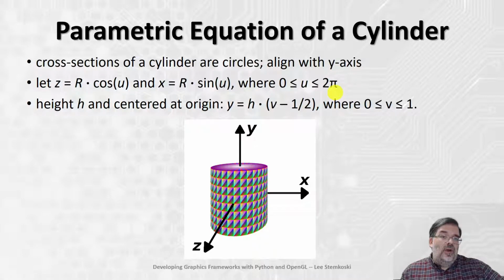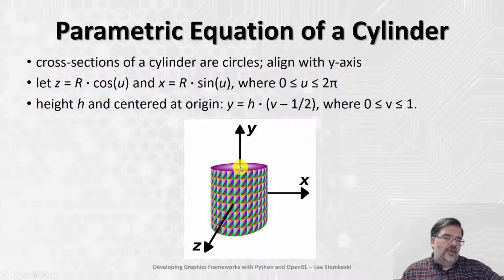Now, deriving the equations of a cylinder is much easier because the size of those cross-sections does not change as you go above or below on the y-axis. Right? You have constant radius cross-sections. So r is just going to be some constant that we specify.